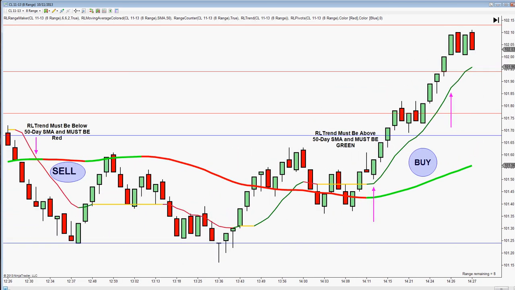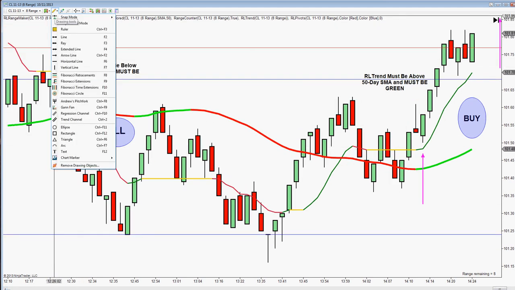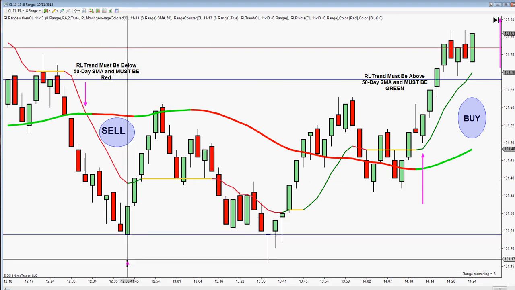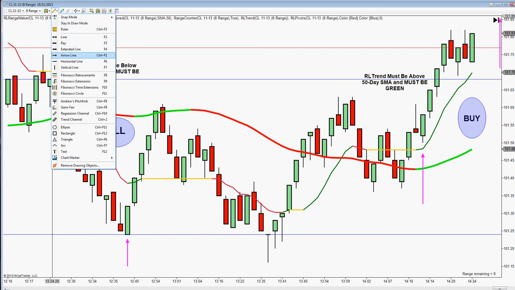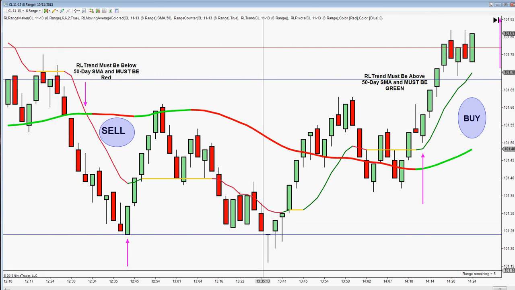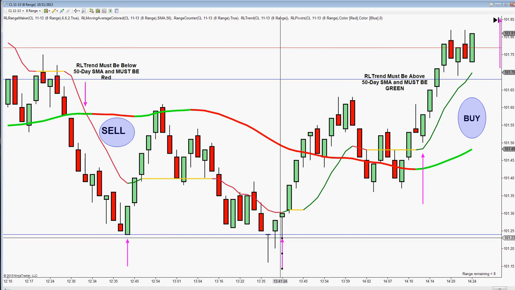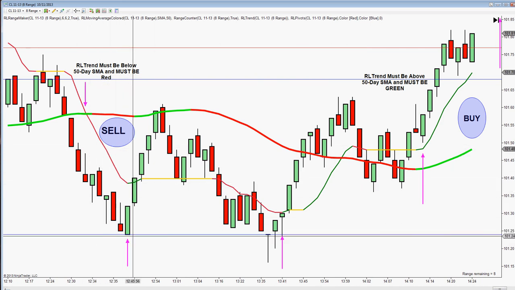Well, if we look right here, and here, we can see that prices come down to this area of support, which is a trend line.